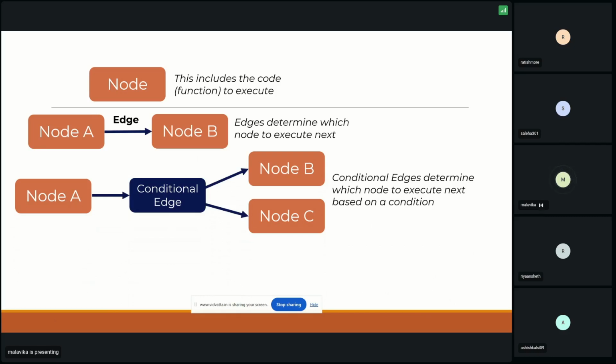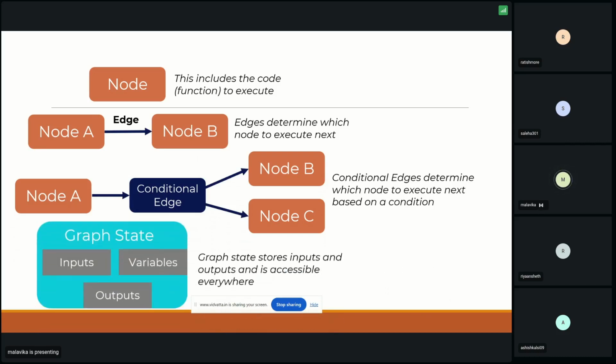It's on us, when we code it or create the workflow, how we tweak the workflow and how we want the information to flow. So node A is getting some input, it's being passed to node B. This entire thing, the input, variables, what it is carrying, or the outputs, the entire thing together is known as a graph state. The graph state is something you can think of as a container, which contains your inputs, variables, and outputs, and you can take this container and it can be accessible anywhere.